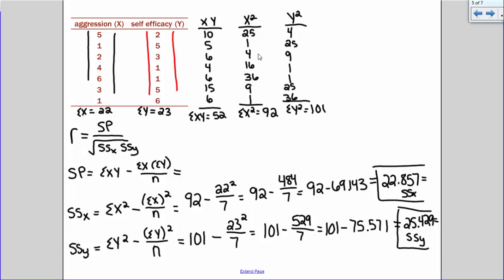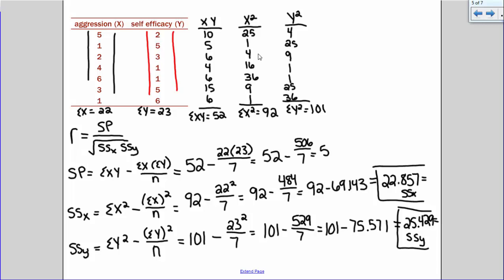Now my sum of products, the covariability of these two. Each x times each y added together is 52, minus the sum of x, 22, times the sum of y, 23, divided by 7. So this becomes 52 minus 22 times 23, which gives me 506, divided by 7.